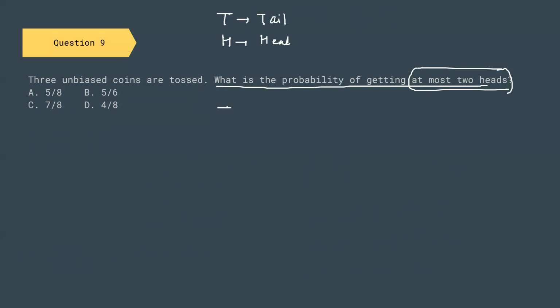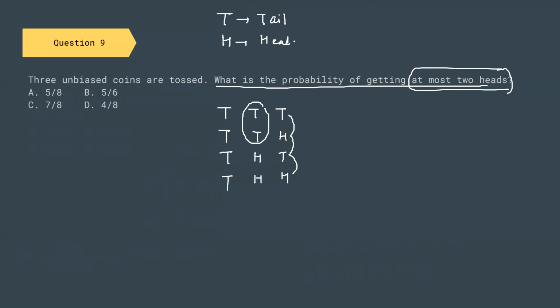So what do we know? The sample space will be T, T, T. This is our first case. Then another sample case possible is T, T, H. Then another will be T, H, T. Another will be T, H, H. Here I have alternated T and H, and then repeated twice, and these are 4 combinations.